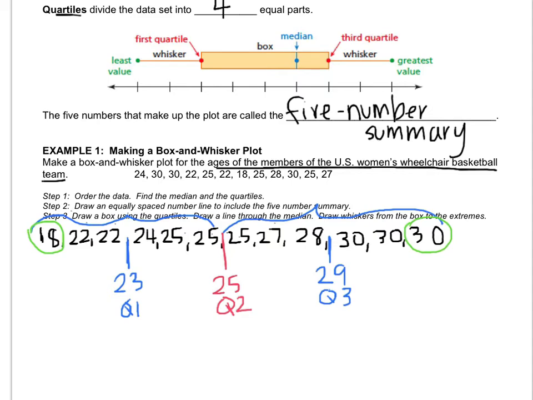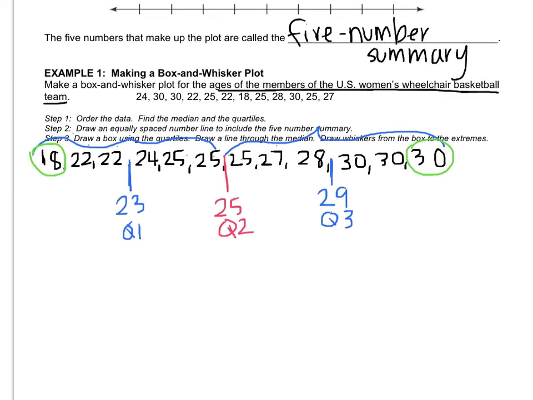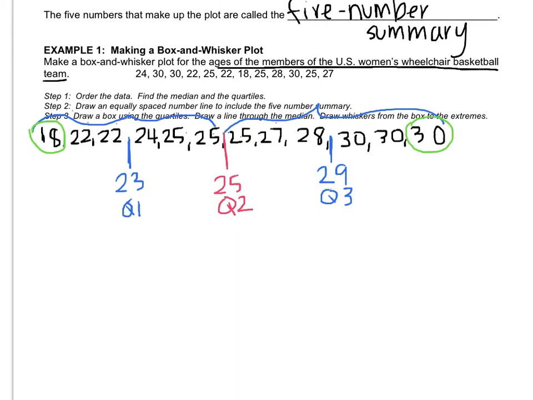So now, according to my steps, I draw an equally spaced number line to include the 5-number summary. So I need to have a number line, and I'm going to make sure that I can fit 18 all the way through 30 equally spaced. So 18, I could probably go by twos.